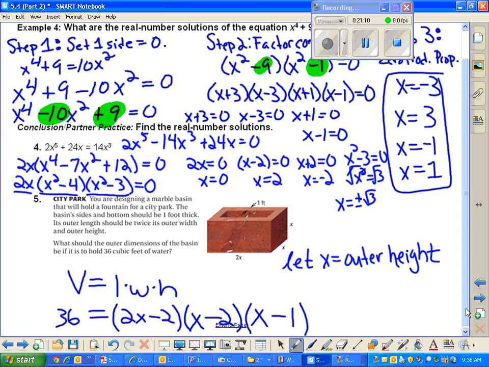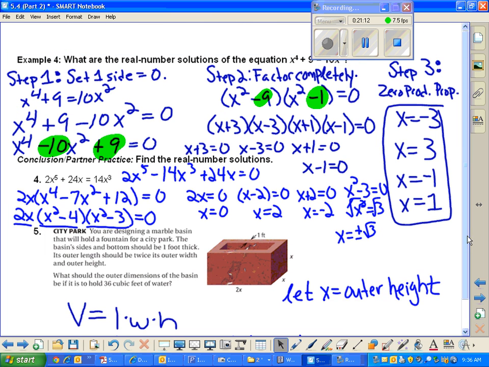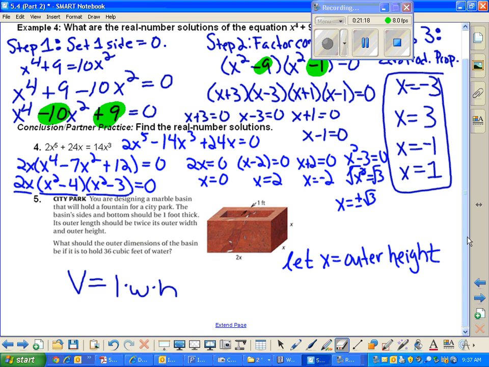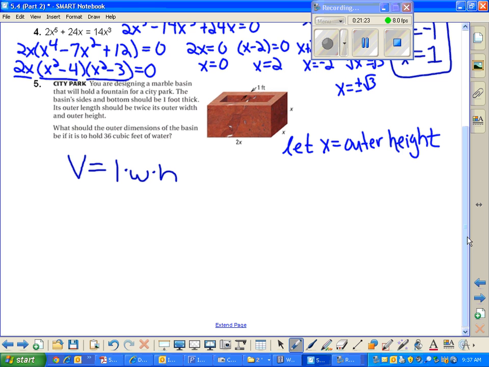It kind of follows that x is going to be also our outer width. And then what's this 2x business? The outer length.